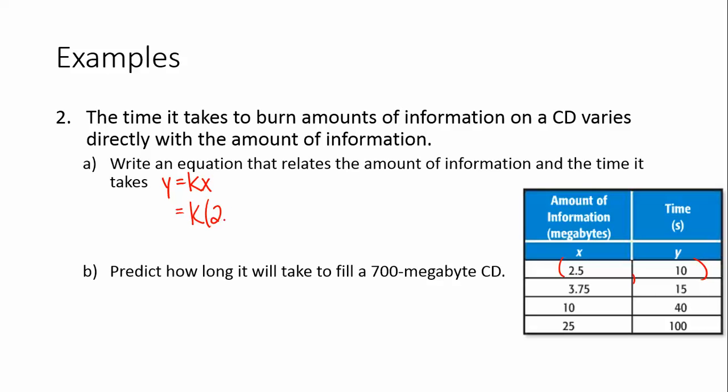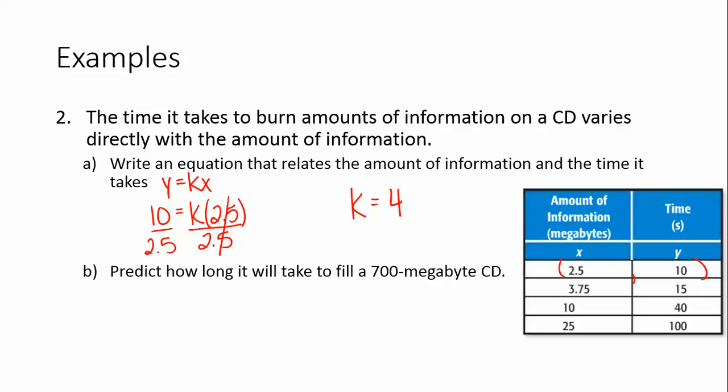I'm going to plug 2.5 in for x, and I'm going to plug 10 in for y. Now I have an equation with one variable, and I can divide both sides by 2.5. And that's going to give me the constant of variation. If I use a calculator, 10 divided by 2.5 is 4. So I know that my constant of variation is 4.